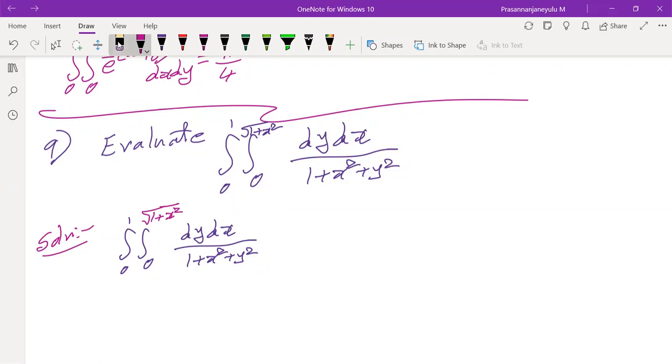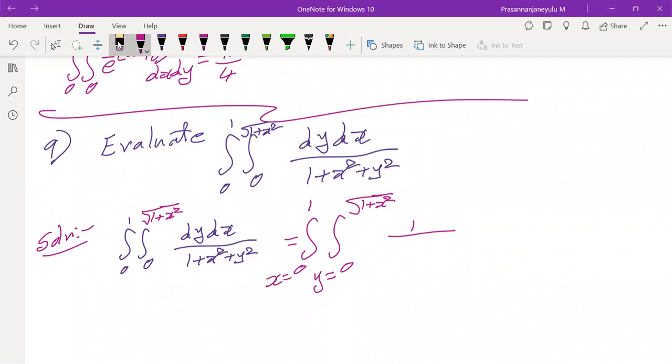If at least one limit is a function of x, we can treat it as a function of x. That means these are the limits of which variable? Y variable. So y varies from 0 to root of 1 plus x square. The limits on exterior integration, 0 to 1, are obviously the limits of the x variable.